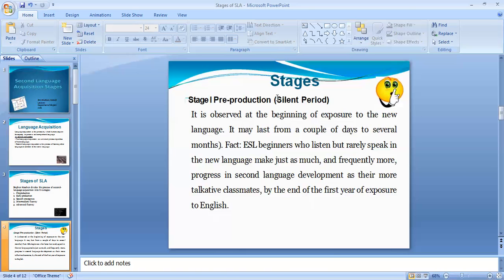They can understand, and they can point to objects, pictures, and persons. For example, if I say shut the door, they can understand and they can do that. They just act, they just do the job, but they are not responding using the target language. This is called the pre-production stage.